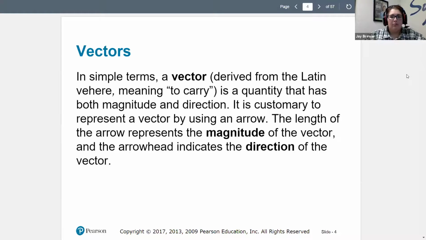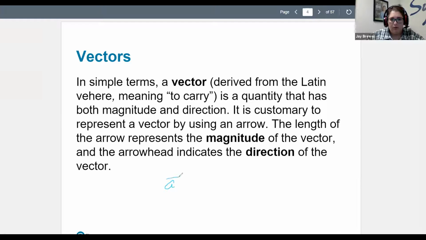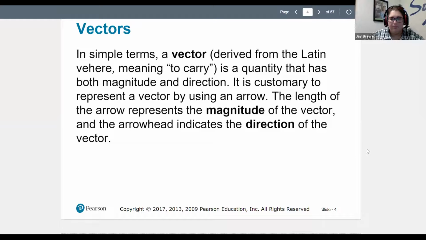The length of the arrow represents the magnitude of the vector, and the arrowhead indicates the direction of the vector. So if you were talking about vector A, you would shorthand it like that, okay? But then obviously when you actually draw a vector, it'll be different.